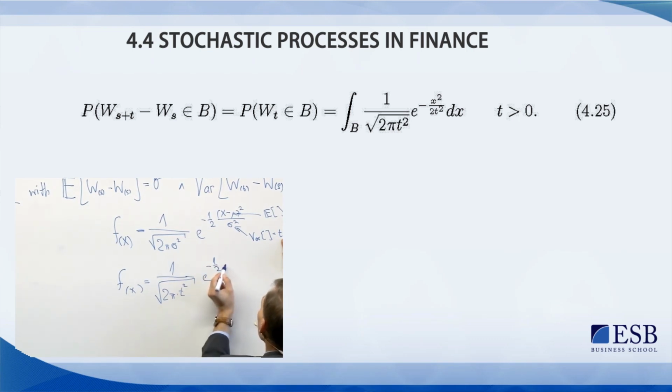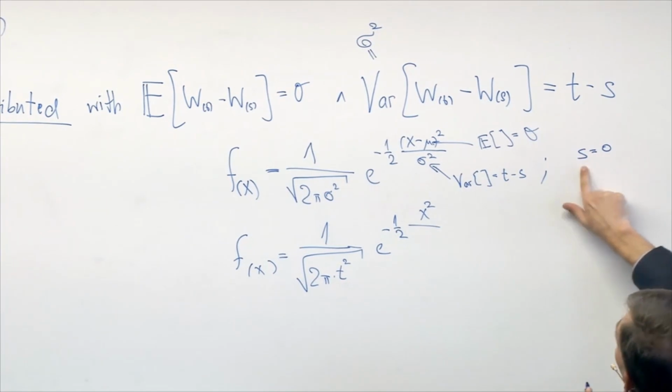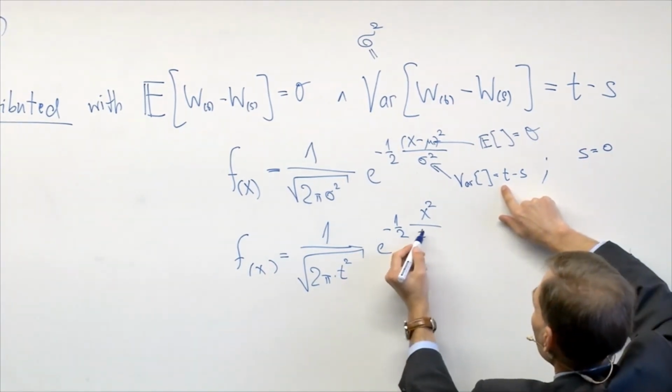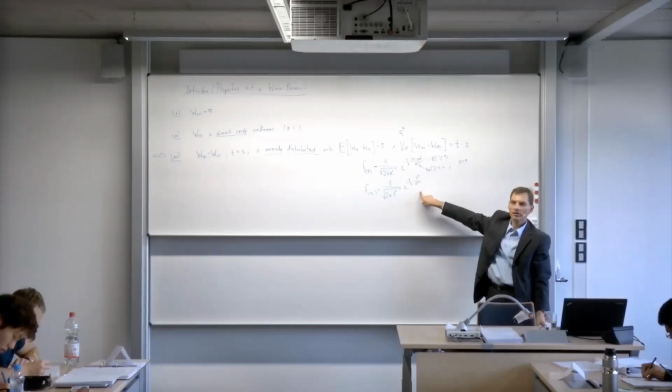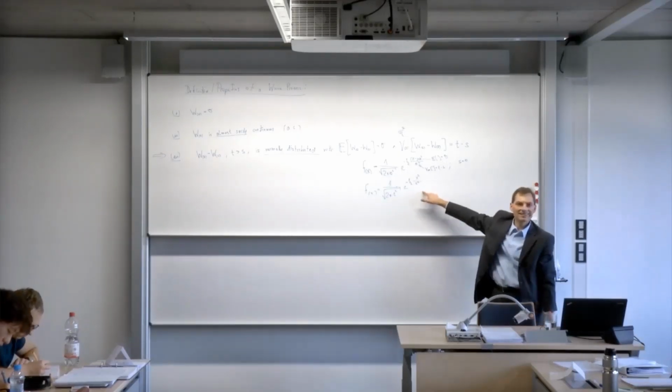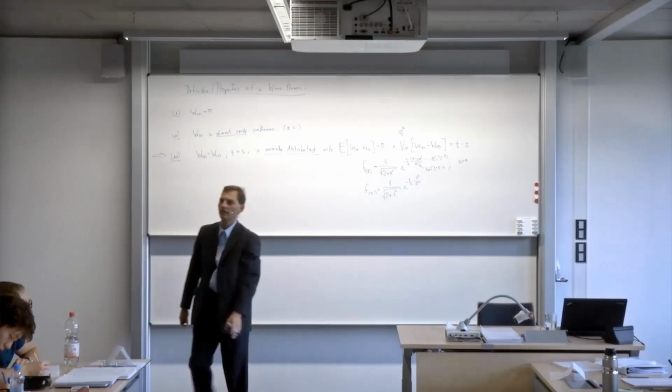And then we have here 0, so we have just my random variable, stochastic process x squared, and once again here we have the variance; for s equal to 0, it's just t. So this density function is now reflecting the transition density function of a Wiener process.